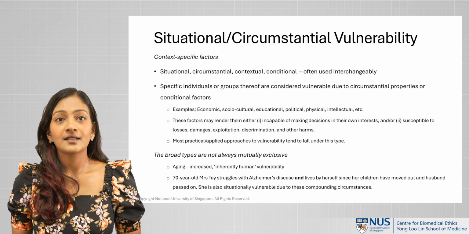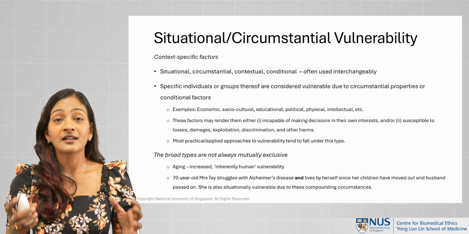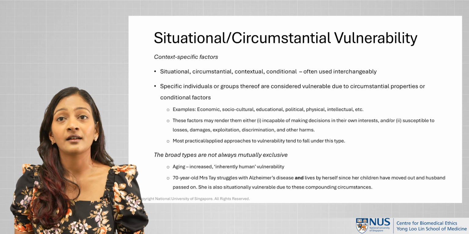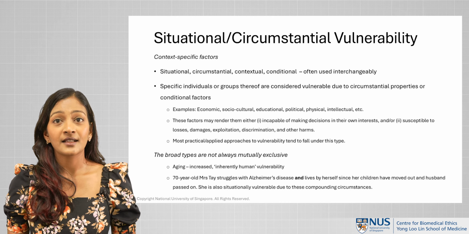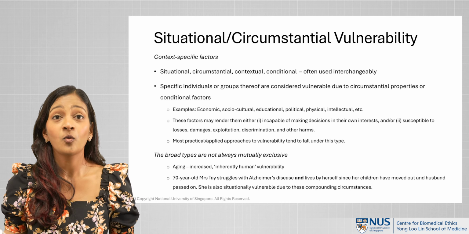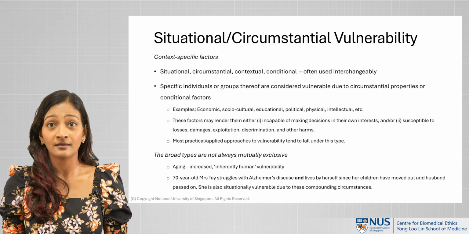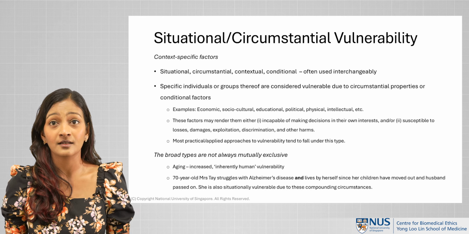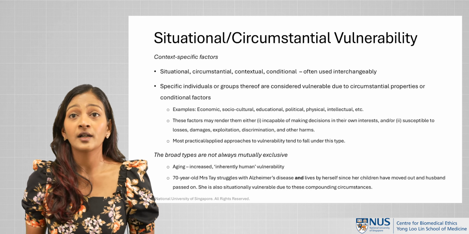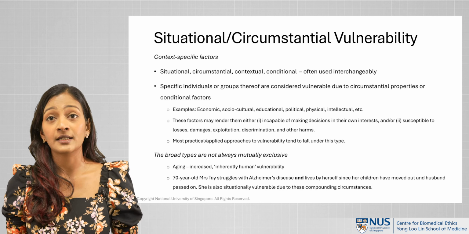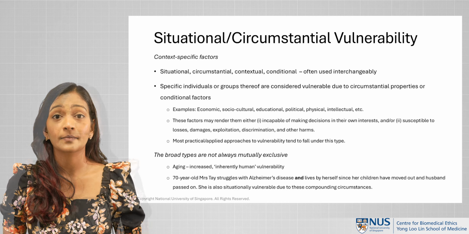The problem with this type of vulnerability is that it creates certain categories and labels. It tells us that certain people would always be vulnerable due to these factors that are characteristic of their existence. And this could lead to stigmatization or marginalization, as we have already discussed.